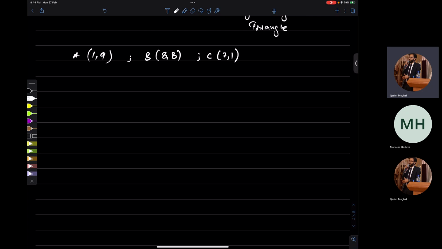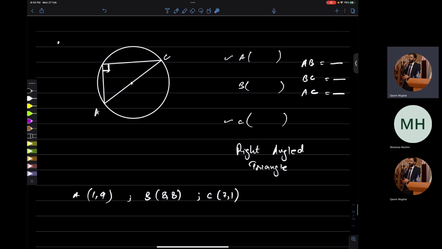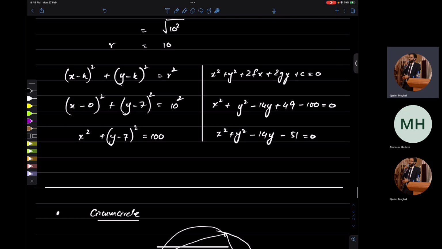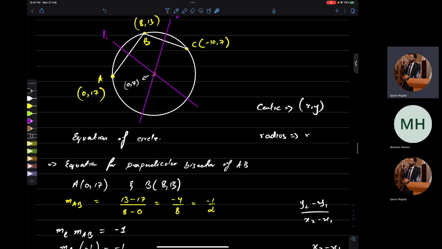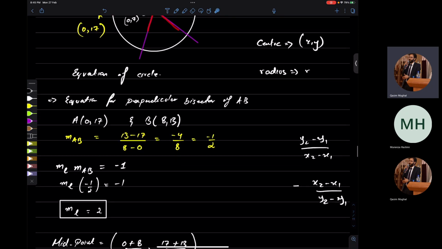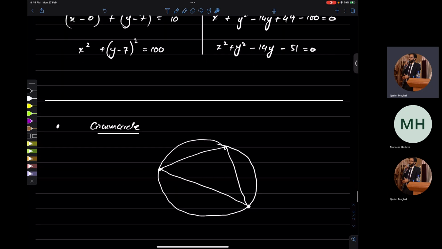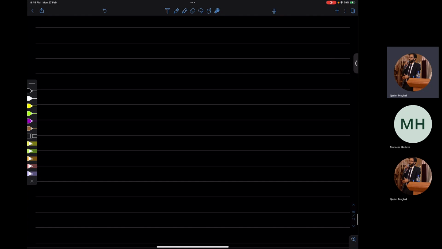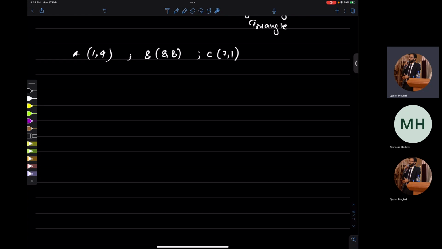Now, one way of doing this is by using the concept we did earlier. If I consider these as chords, find out the perpendicular bisectors, find out the intersections, and then you have the center. And then you find out a distance from the center to any of these 3 points. So that one we just did.